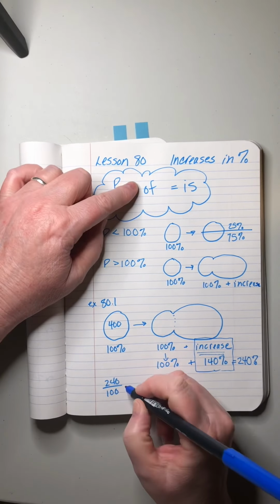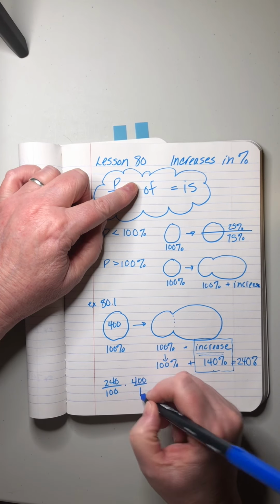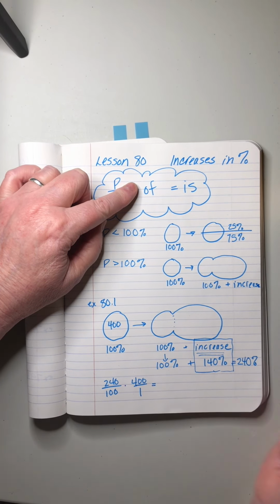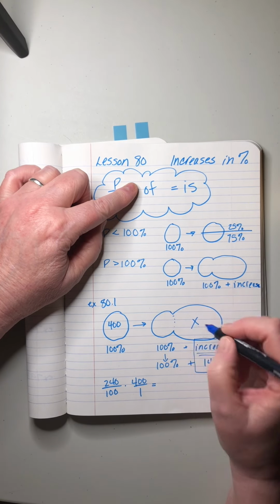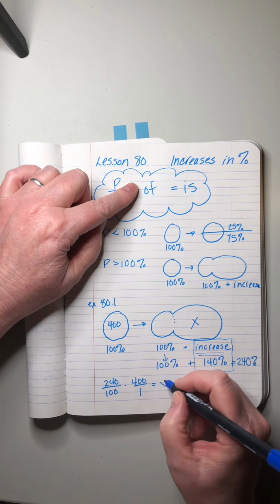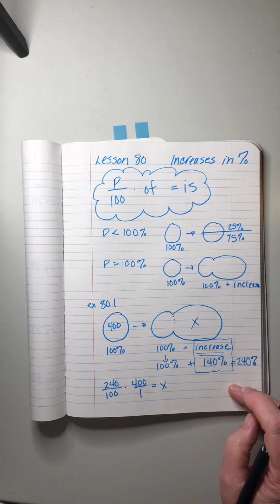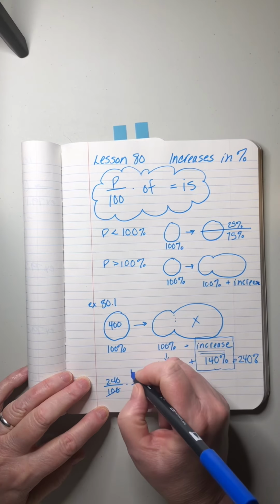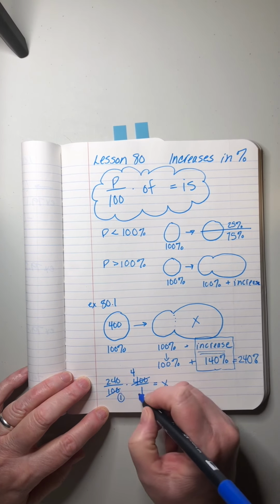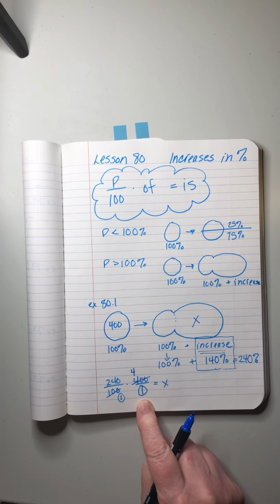Now I'm using the formula, times the of group. That's 400. I'm going to put it over 1, equals the is group, and I'm just going to call it X, right? That's the whole thing. Oh, this is the fun kind because all the numbers are on one side already. So we can do that. Well, we're left with 4 here, 1 down here. We only have 1s in the denominator, so we know we're done. 240 times 4.